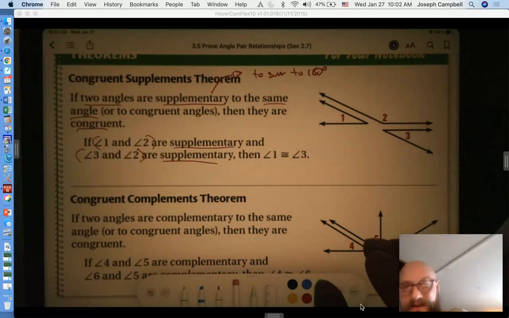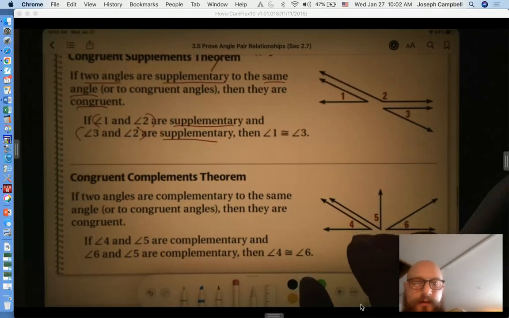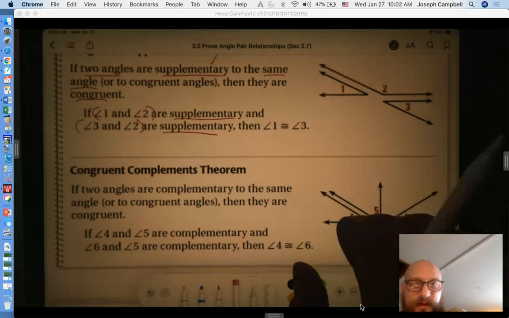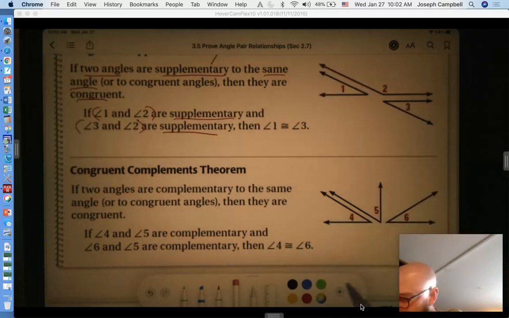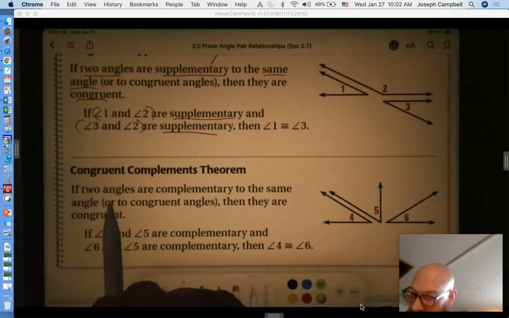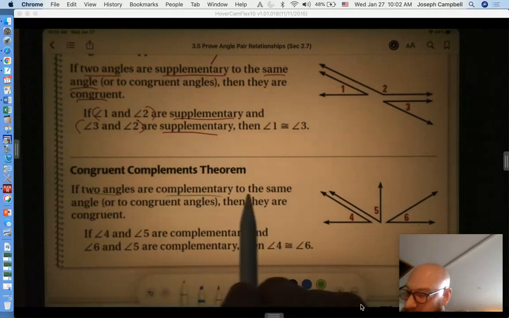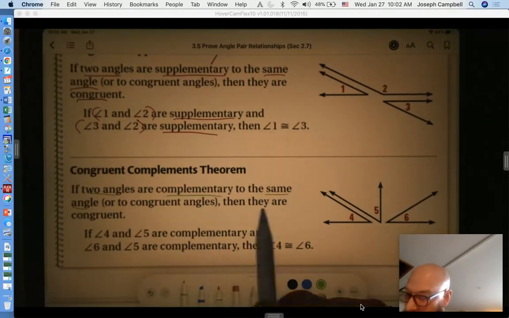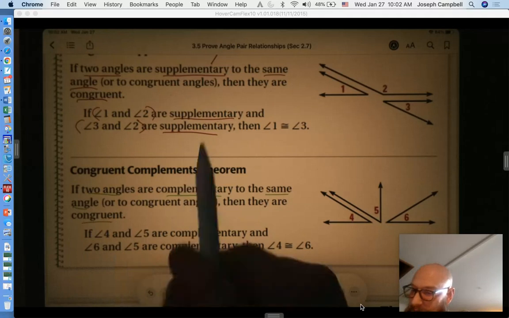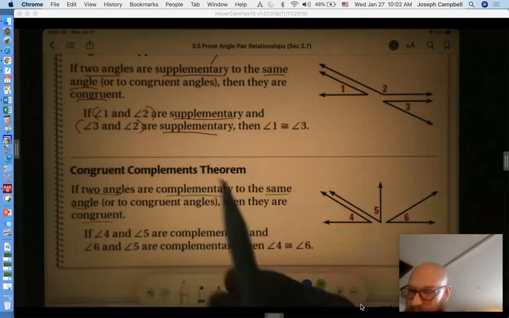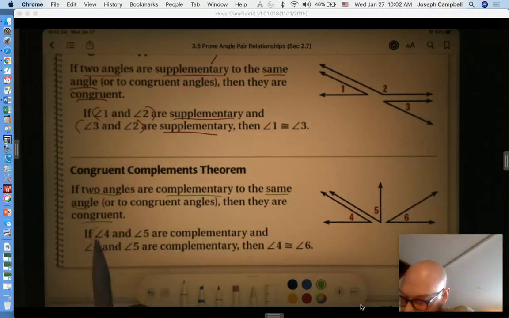We have an analog with complementary. The same kind of line of thinking applies here. If two angles are complementary to the same angle, then they are congruent. This also is true with congruent angles, but we'll get there. So 4 and 5 are complementary, and 6 and 5 are complementary.